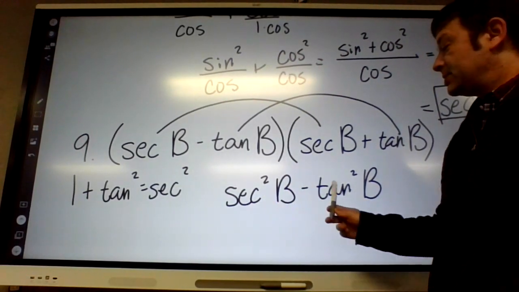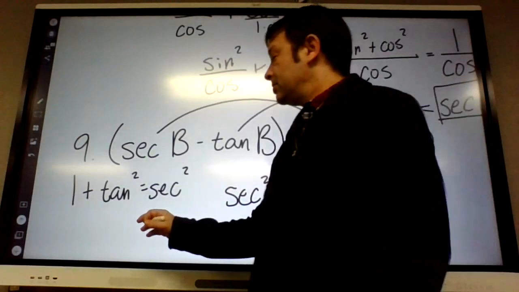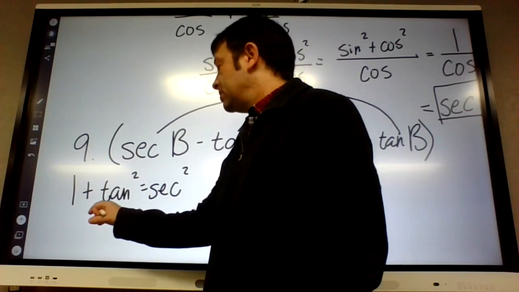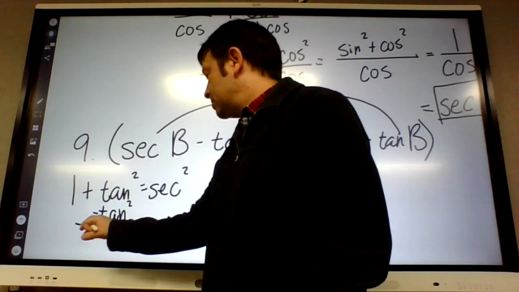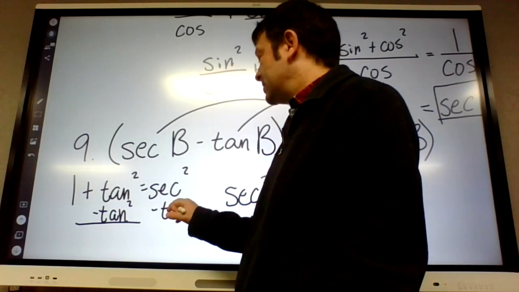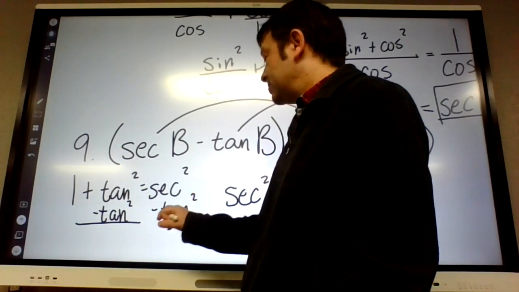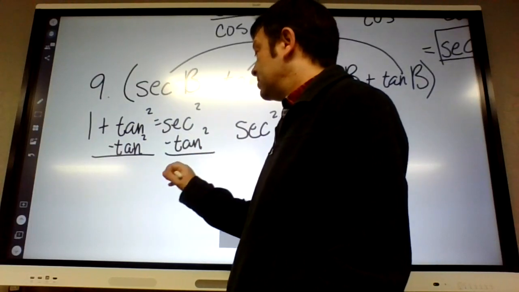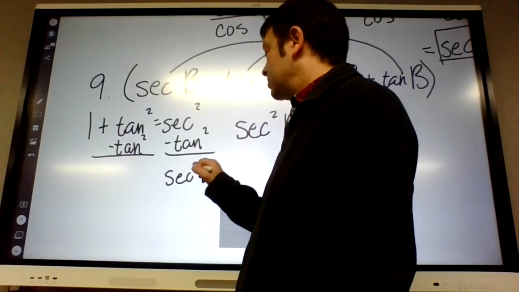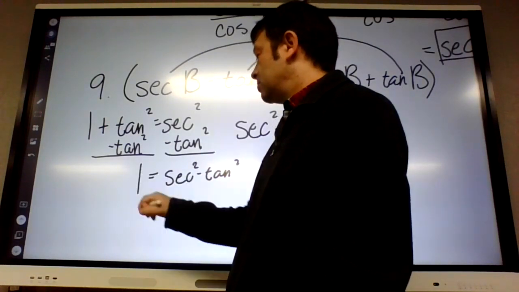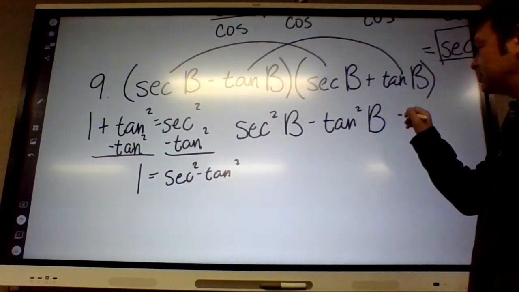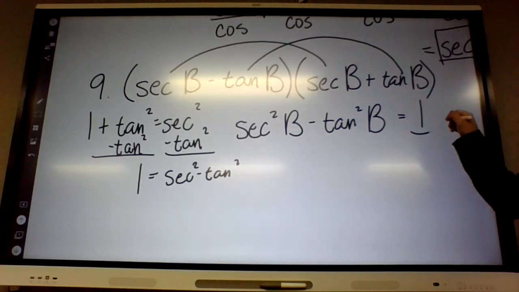How do I turn it into secant squared minus tangent squared? Secant squared minus tangent squared would be equal to what? 1. So this equals 1.